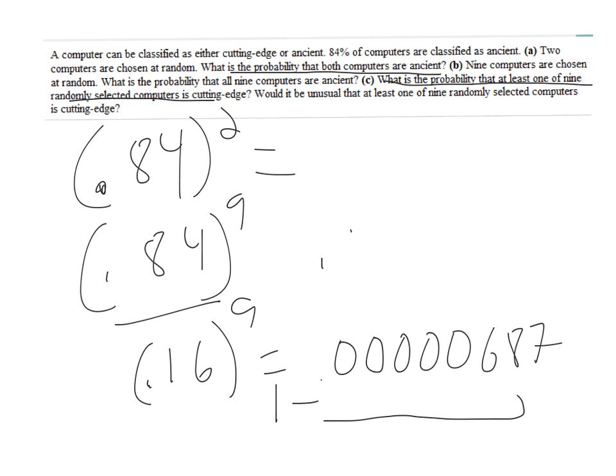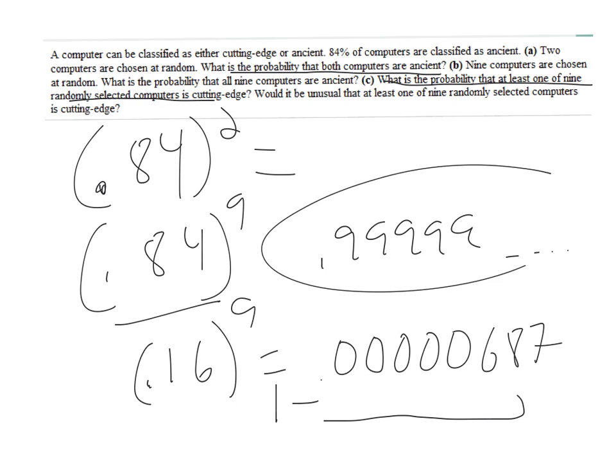I'm getting 0.99999 and so on. So it's almost a given fact. You could almost say it's guaranteed that at least one of 9 computers won't be classified as ancient if 84% of them are, based on those results. So would it be unusual for at least one of the 9 to be cutting edge? Most certainly not. It's almost guaranteed, right?